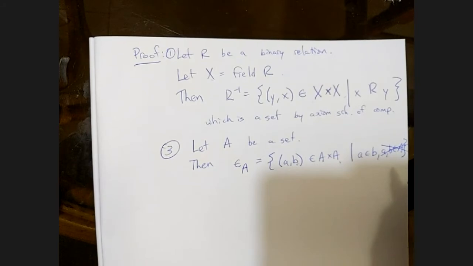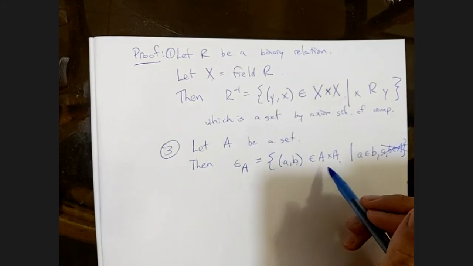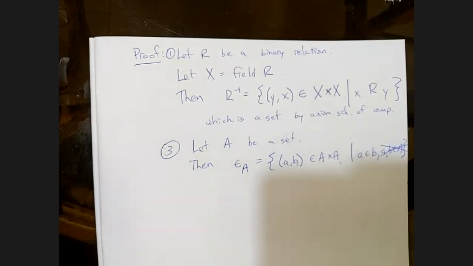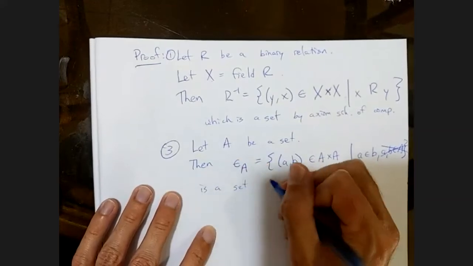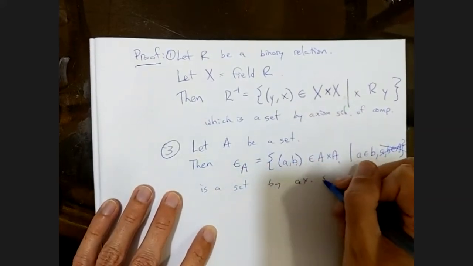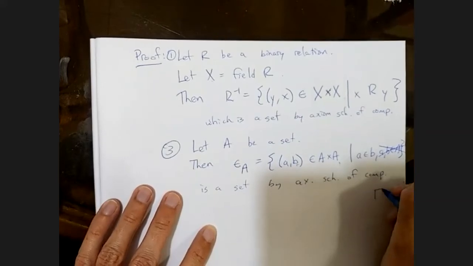So the membership relation on A is a subset of the Cartesian product A cross A, and then this is a set by the same axiom schema of comprehension. Okay, the end.